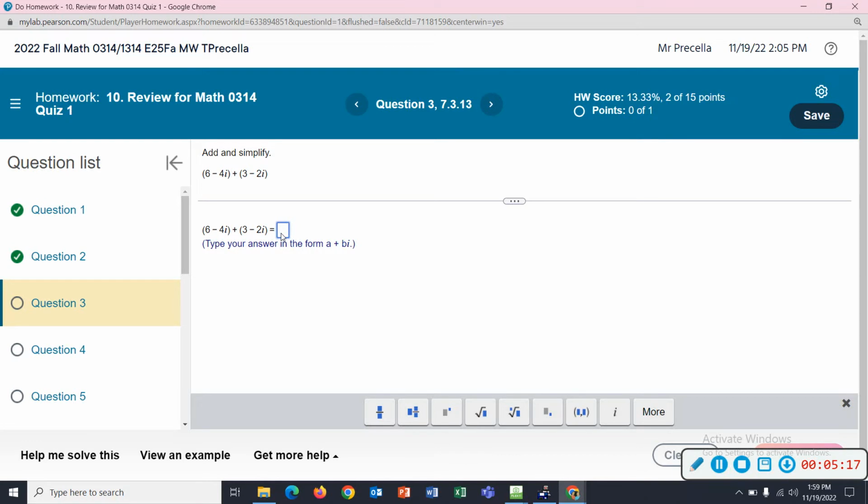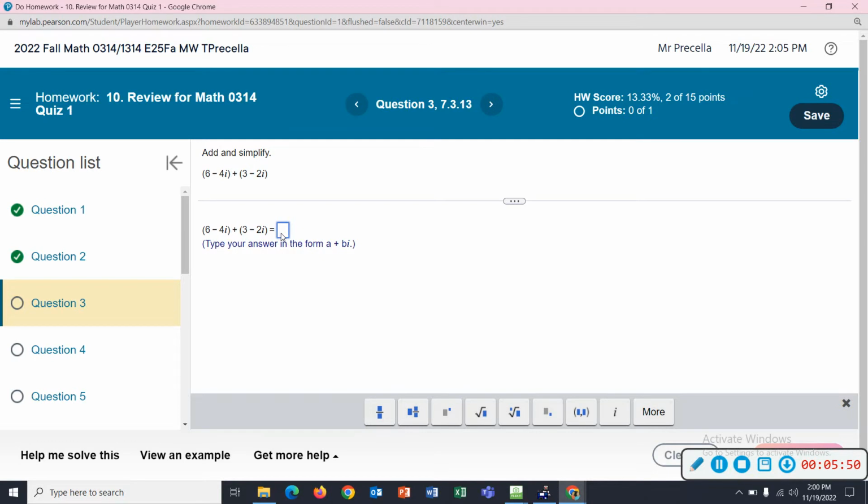To add complex numbers, you just combine the like terms. The 6 plus 3 would be 9, so I've added the real part. And then add the imaginary: negative 4 plus a negative 2 would be negative 6i. Be careful. Don't subtract the 9 and the 6, because those aren't like terms.